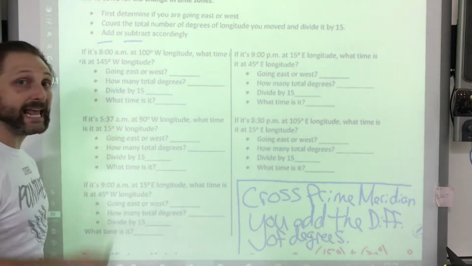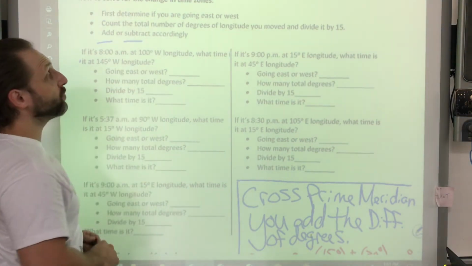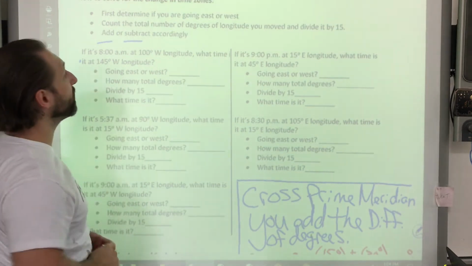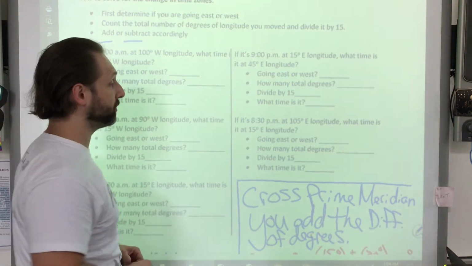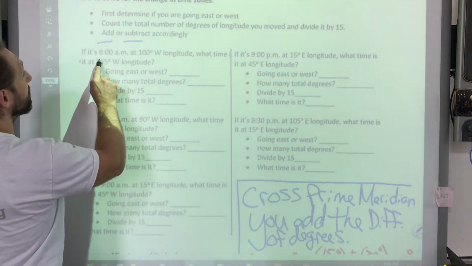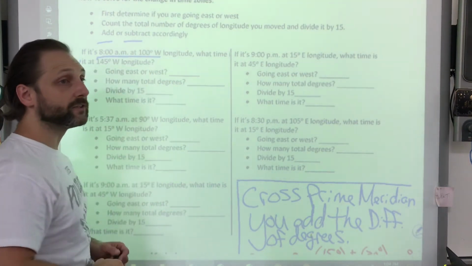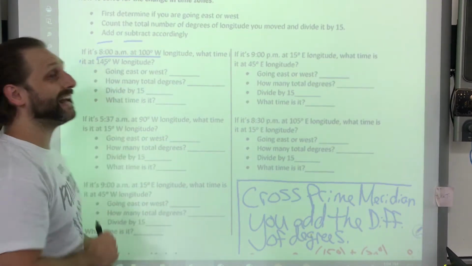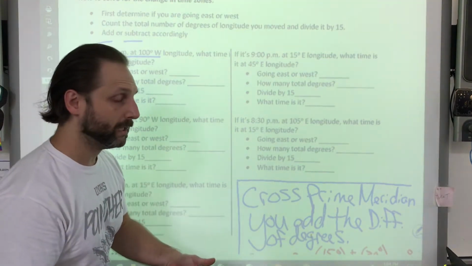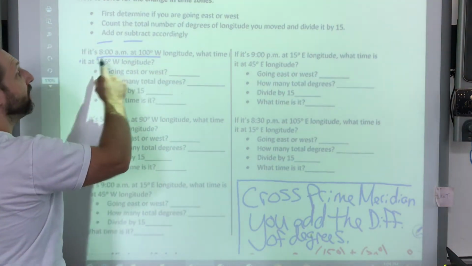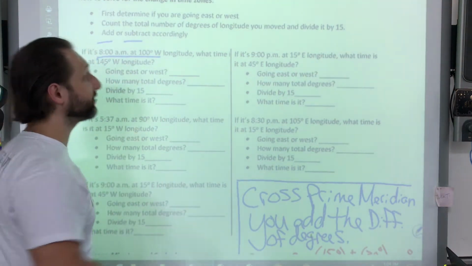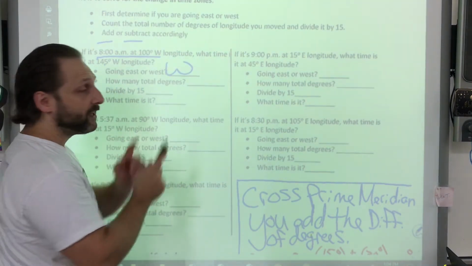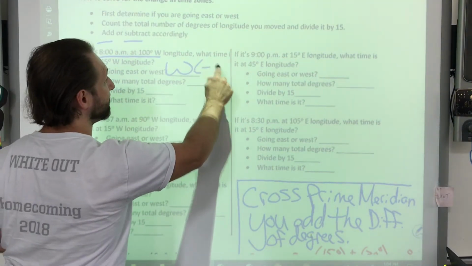If it's 8 a.m. at 100 degrees west longitude, what time is it at 145 degrees west longitude? We start here at 100 degrees west. We ask ourselves, did we go more west or less west where we ended up? Well, we started at 100, we got bigger, so we went more west. So we're going west, which means, as a reminder to yourself, you're going to subtract at the end.